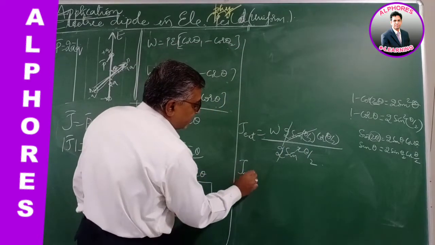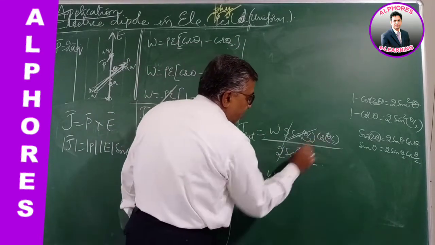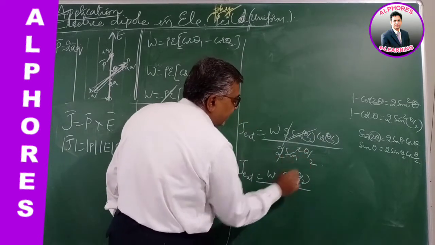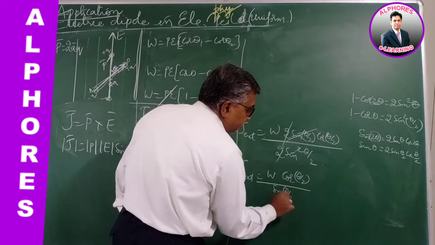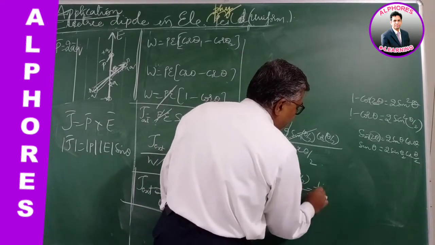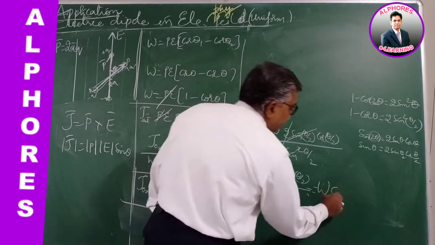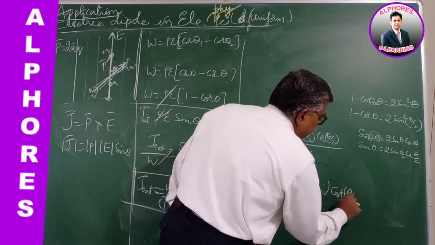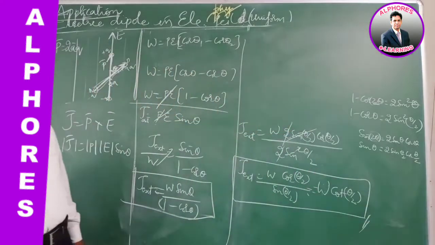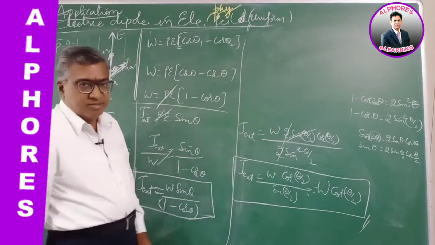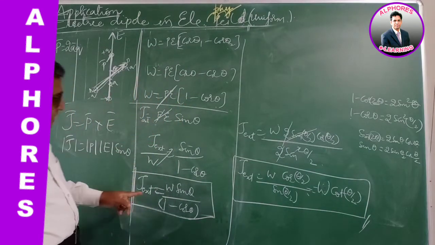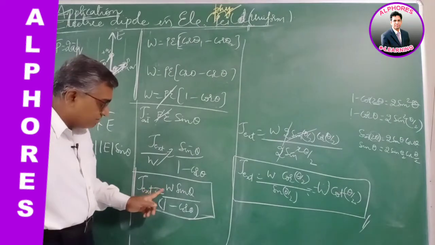So the external torque is W times cos theta by 2 by sin theta by 2 remaining. Now cos by sin is cot, so it is W cot theta by 2. A beautiful earlier entrance examination question based on this concept. A very good question, please remember. This is the relation between the external torque and the work done.